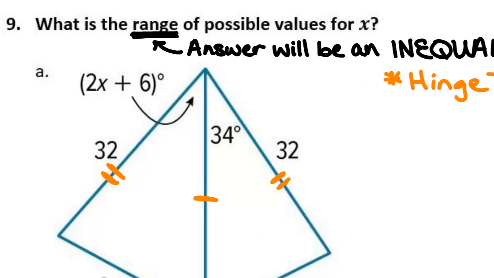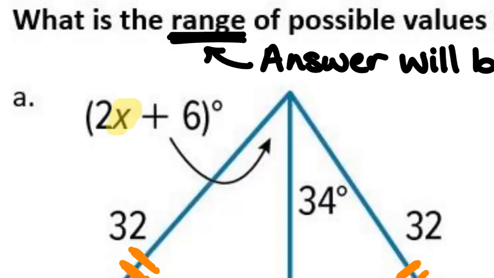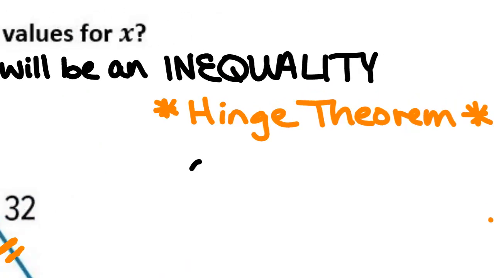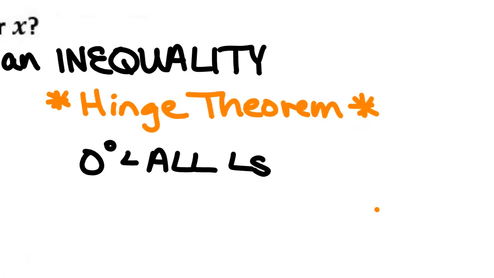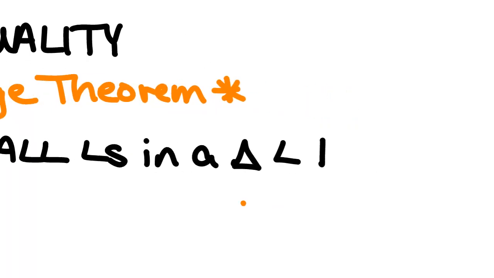Where is x? Is x part of an angle or a side? Part of an angle, right here. Angles have to be between what and what? 0 and 180. So 0 is less than all angles in a triangle is less than 180.